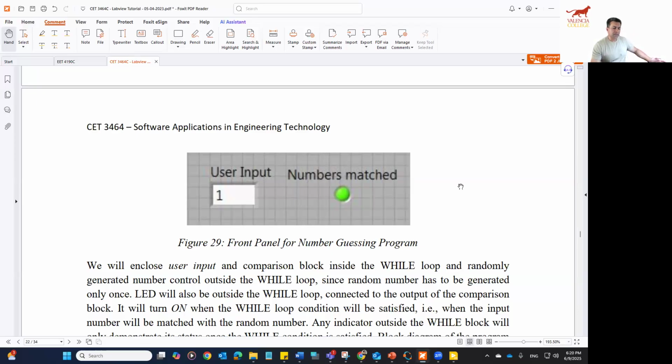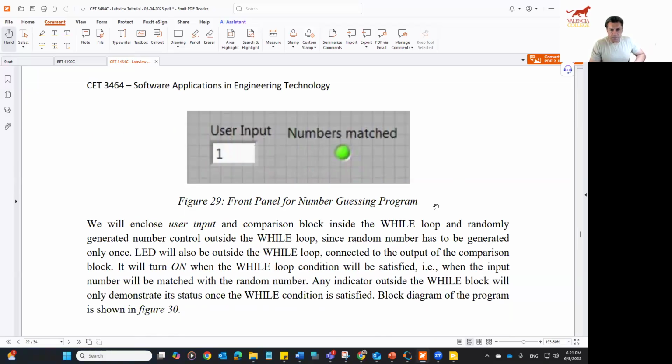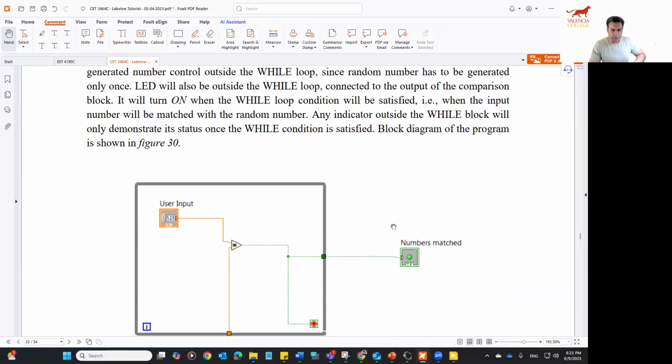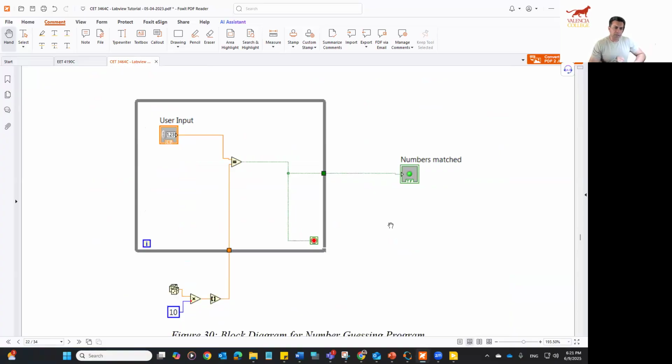If the number generated is 10, then at the 11th guess you're going to guess that number. If you're just putting in random numbers and repeating them, you can take as many turns as you want, as long as the number is not matched. So this is the idea of this program. It's a number guessing game, created using a while loop and conditions. It's a very simple program, as you can see in the block diagram.